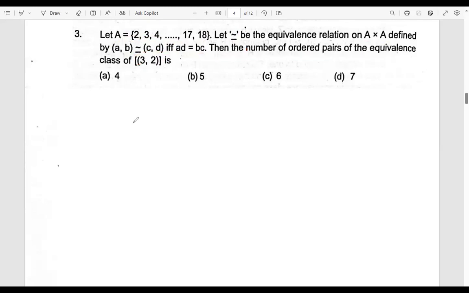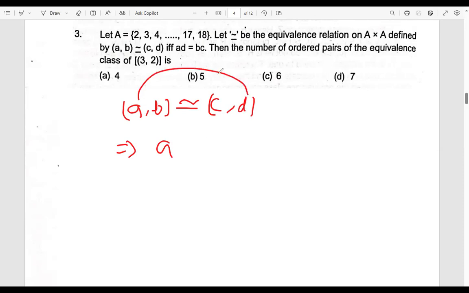So what does it mean? Let's say we are given (a, b) R (c, d) such that a into d, that is the product of the extremes, is equal to the product of these two means, that is bc. Now we have to find all other ordered pairs which belong to this equivalence class.